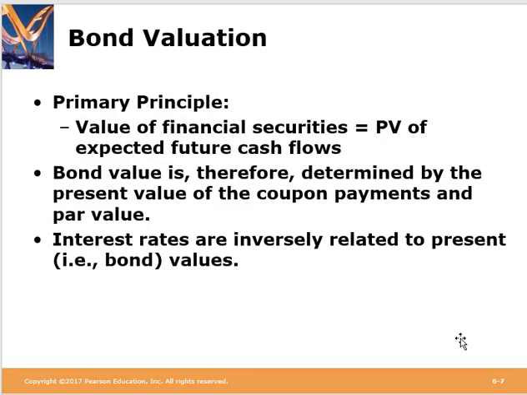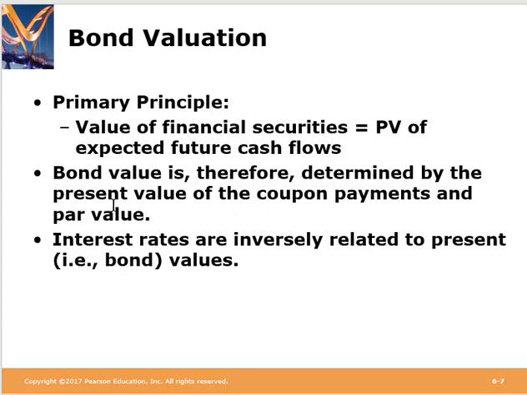So if you think about the basic principle of valuation, we need to find out what you would be willing to pay for a bond. According to the law of one price, the price of a financial security has to be equal to the present value of the expected future cash flows.